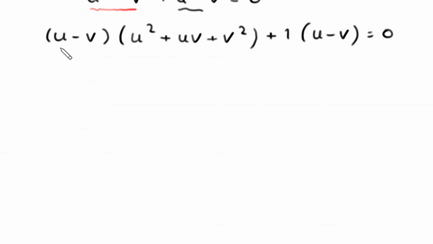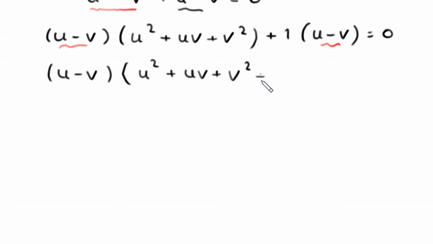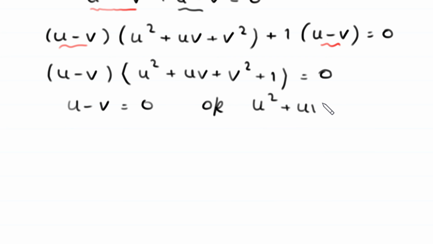As you can see, this expression u minus v is a common factor, so we factor out this u minus v, and in brackets u squared plus u times v plus v squared plus 1 equal to 0. Either this expression u minus v equal to 0 or this second factor u squared plus u times v plus v squared plus 1 equal to 0.